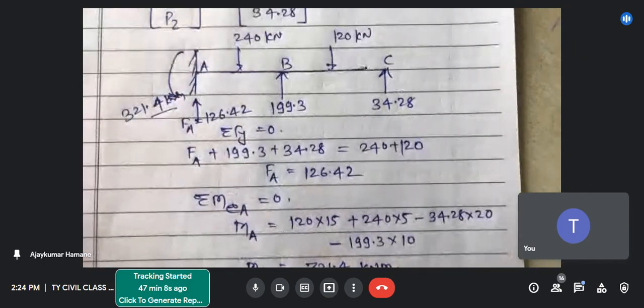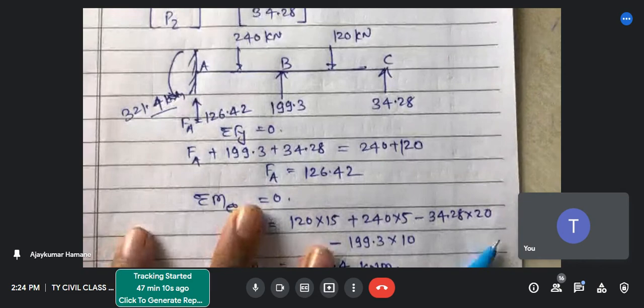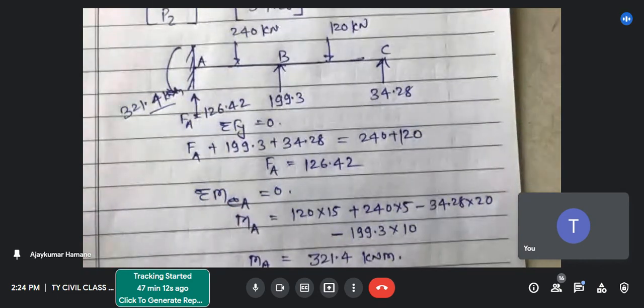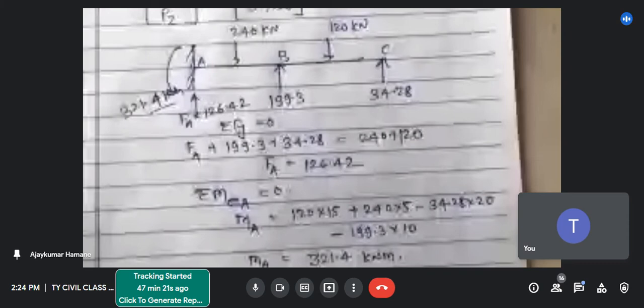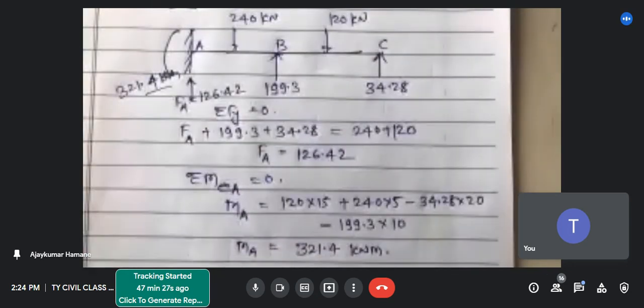So like this, we can analyze this continuous beam. This is also called the flexibility approach, but by using the unit load method. Okay.